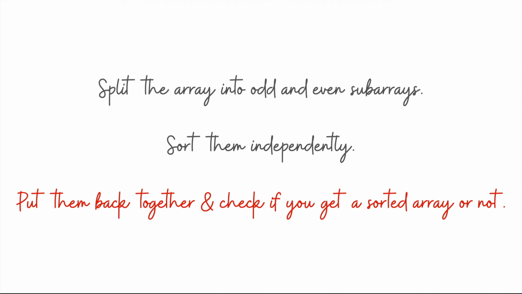So just put them back into one big array with the odd elements being in the odd positions and the even elements being in the even positions. And now if this array is sorted, then you can say, okay, I think that is what you have to output if treble sort actually works.